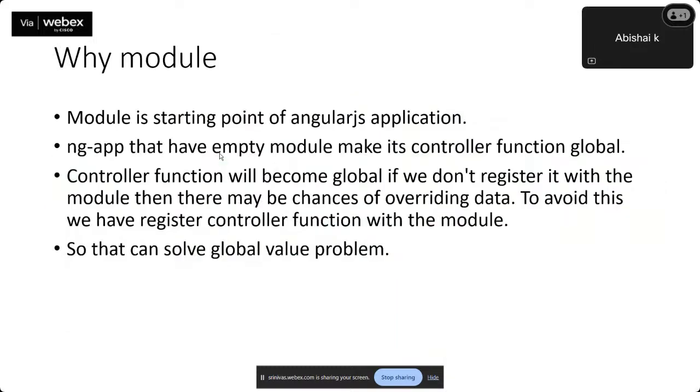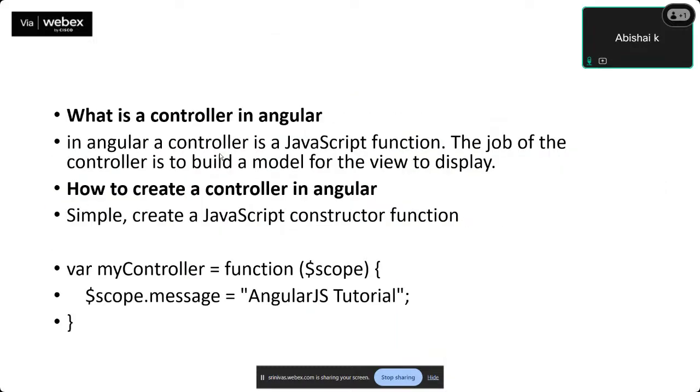So what is a controller in AngularJS? In Angular, a controller is a JavaScript function. The job of the controller is to build the model for the view to display. The model is the data in a real-world application. The controller may call into a service to retrieve data from the database.